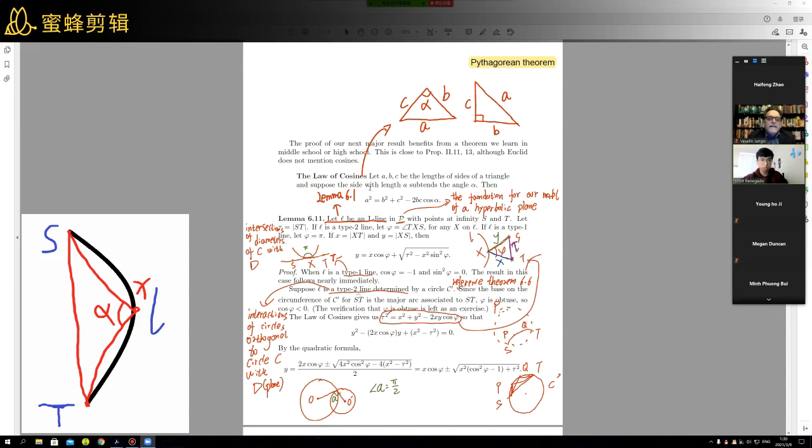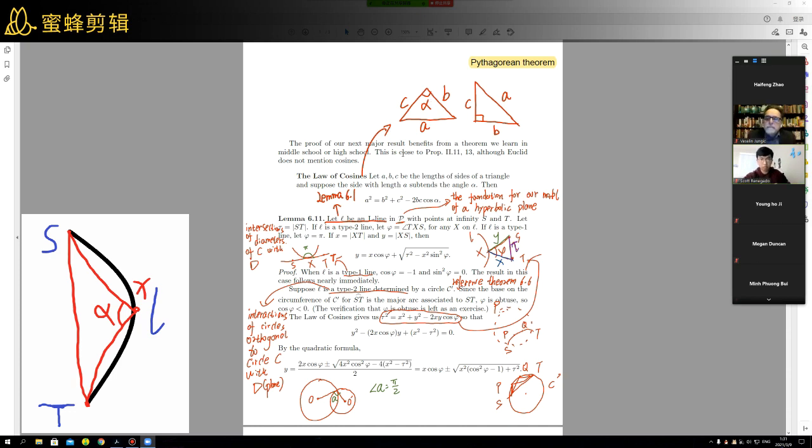Okay, let's start. Hi everyone, welcome to section 3.3. The first thing we should know about is the law of cosines, where a, b, c are the lengths of the sides of a triangle, and suppose the side with length a subtends the angle alpha, as the graph shows.